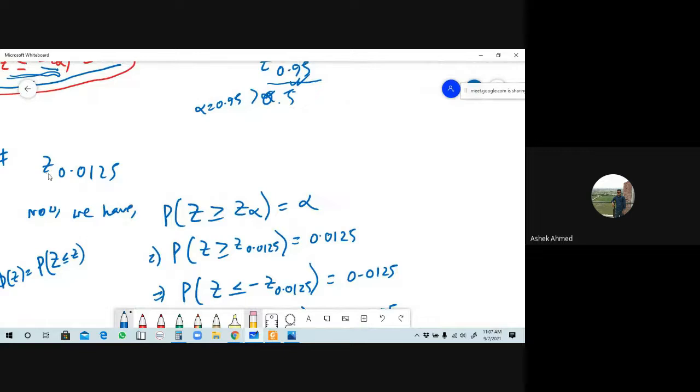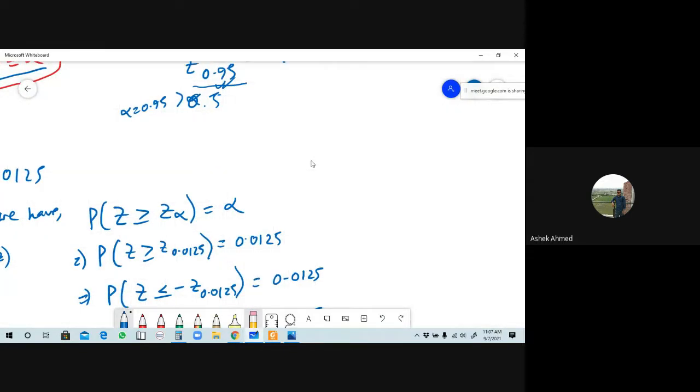That was z suffix 0.0125. Okay. Now we have to find out the values of minus z suffix 0.0125. How can we determine these values?